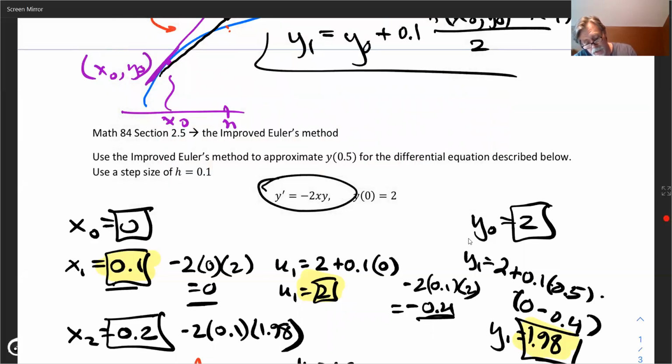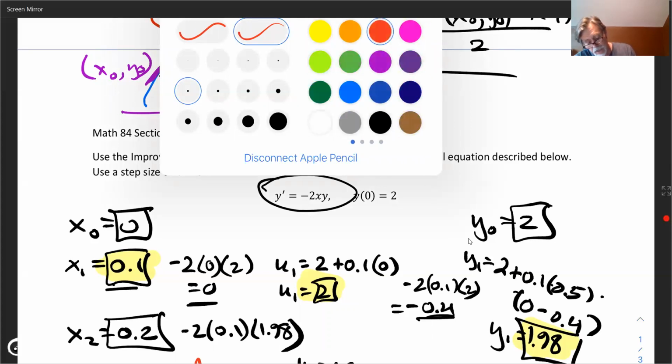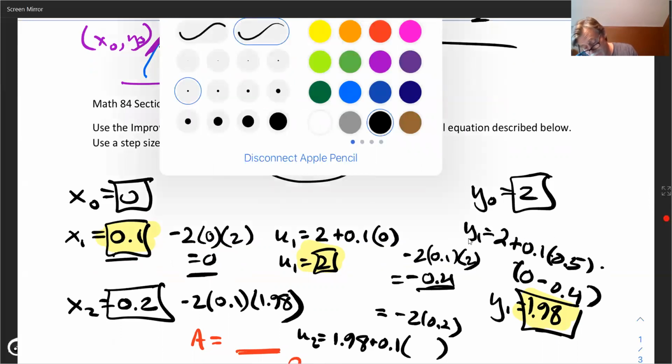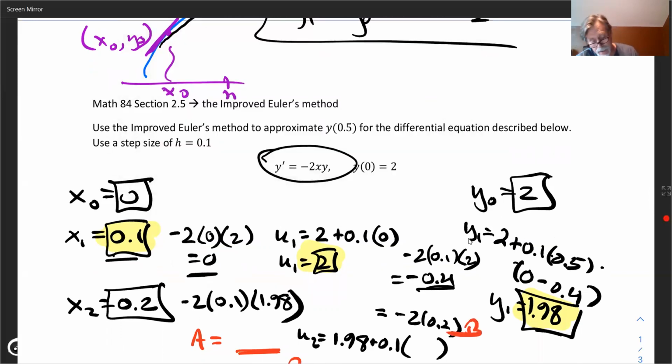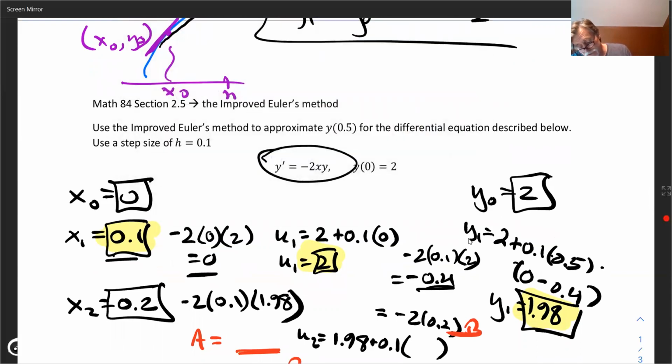And I'll show you the table in just a moment. We'll be done with this thing. And then I went for the next slope, which is equal to -2. Now this is going to occur at x2, 0.2. And then whatever I got for B, and then finally, I get to Y, and my formula looked like this, and you'll see it in the table.